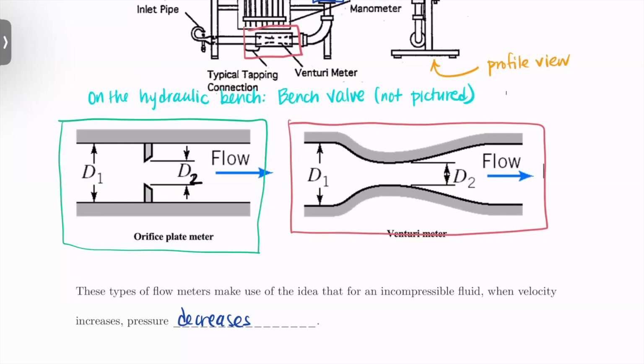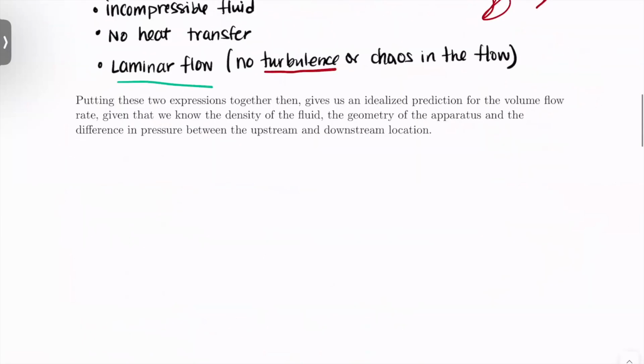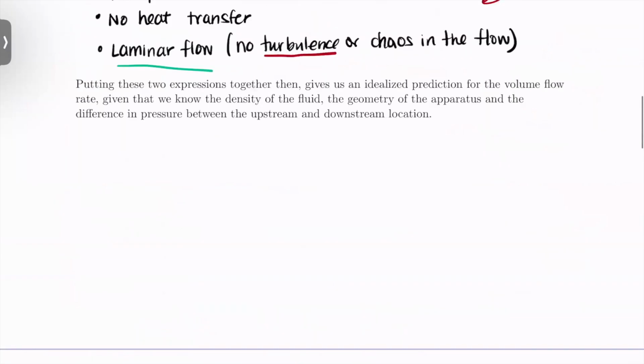All right, so we have 2 diameters there, the inlet and the outlet, so we're going in this direction. Okay, and so what we're going to do is put our conservation of mass and our Bernoulli equation together. So let's start with conservation of mass.